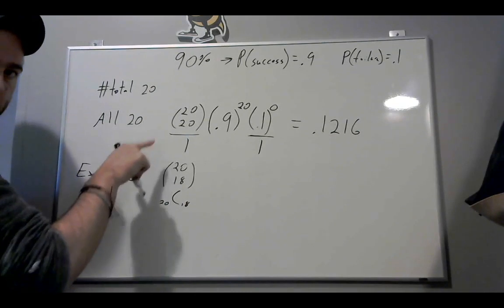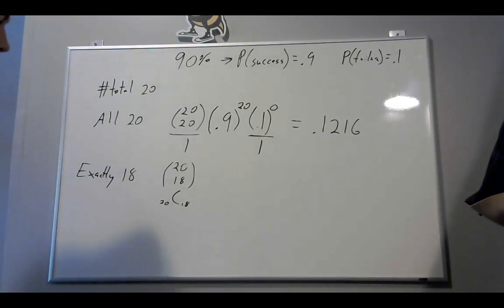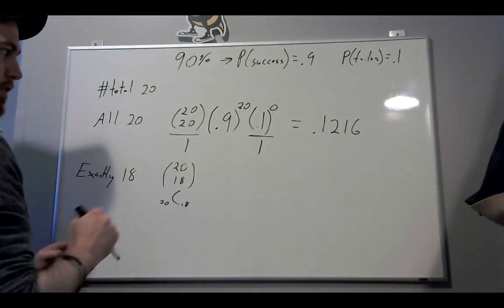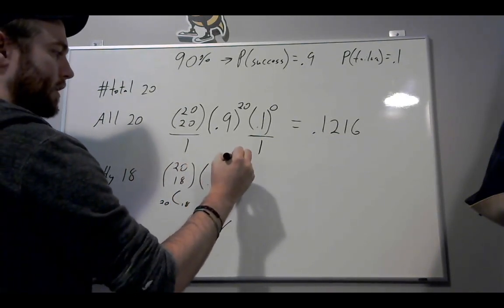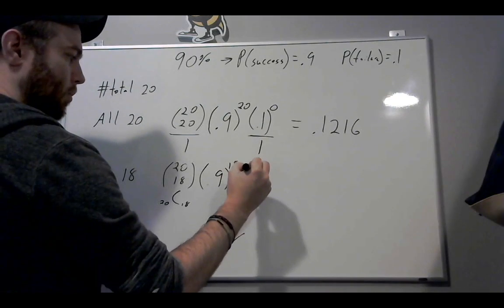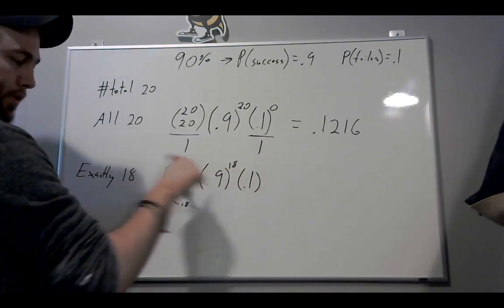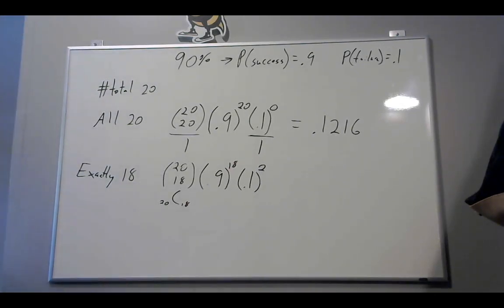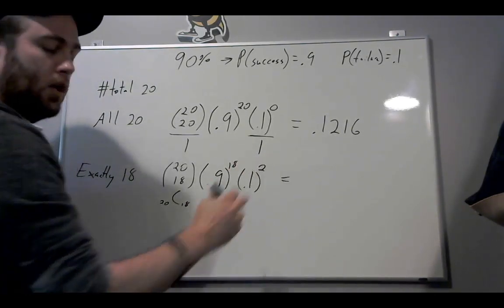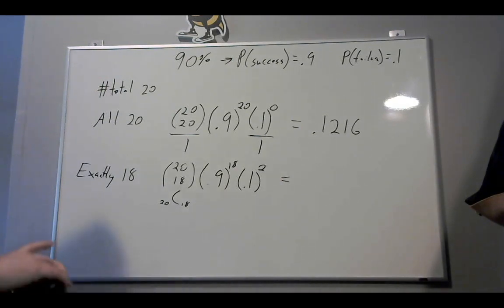It's the same exact format, just me not writing it in this notation. So this would be 0.9 raised to the 18 times 0.1 raised to the, well, if he makes 18, that means he has to miss 2 of those 20. So we can plug that in.